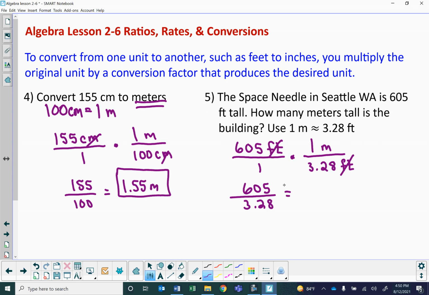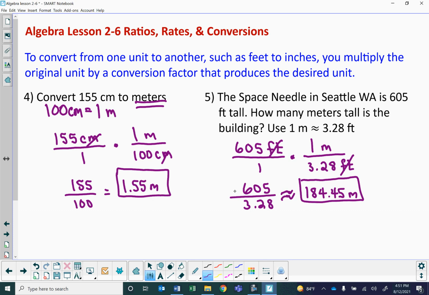If I take 605 and divide that by 3.28, I'm going to get approximately 184.45. So I should put my approximately equal to symbol. 184.45 meters.